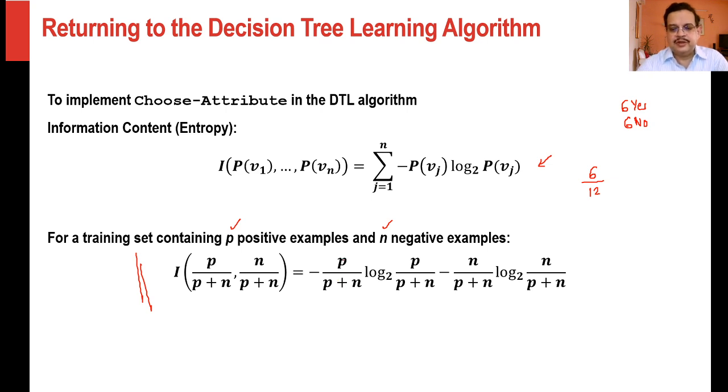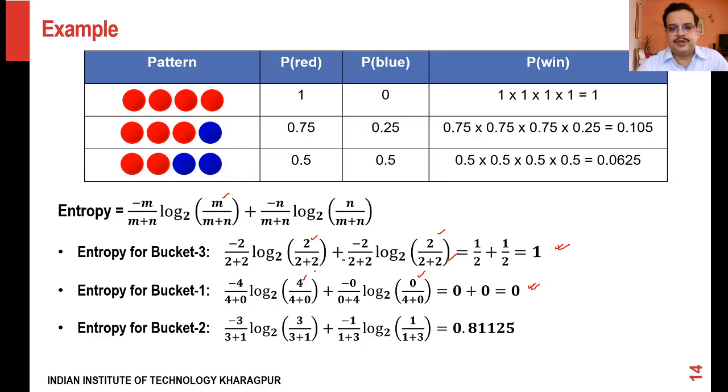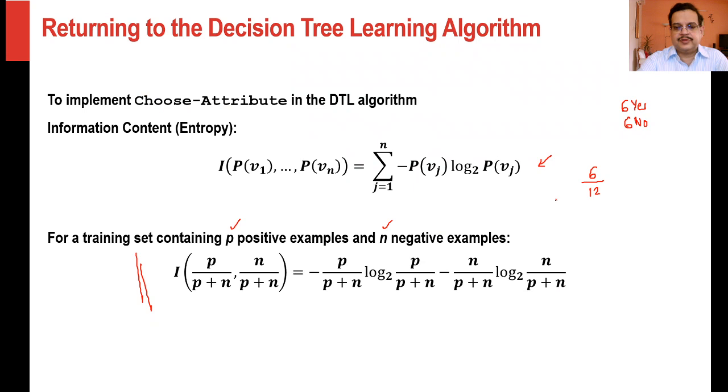If we do that, we will end up with something very similar to what we had for bucket 3. That is, we will get minus of half log half, and then again minus of half log half, and we saw that what you get out of that is an entropy of 1. So in this case, for my initial data set for the restaurant, my entropy was 1.